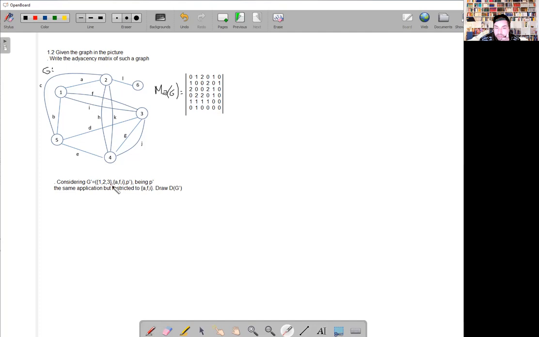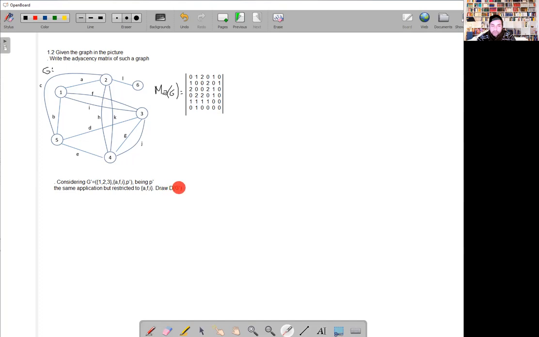In this definition, we declare first the set of nodes, then the set of links, and then the application, which is P subgroup in this case. And this application is the same application that we had here, but restricted to these three links.